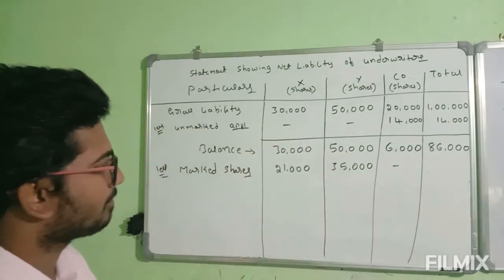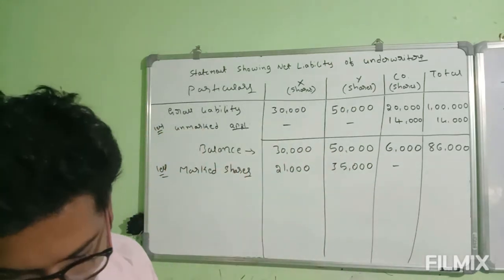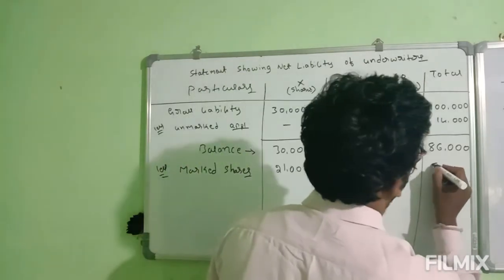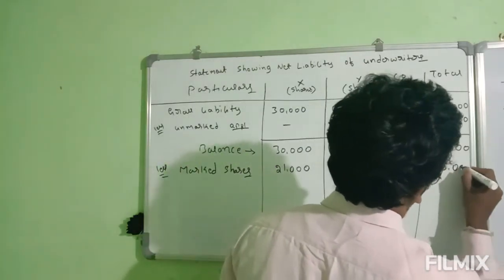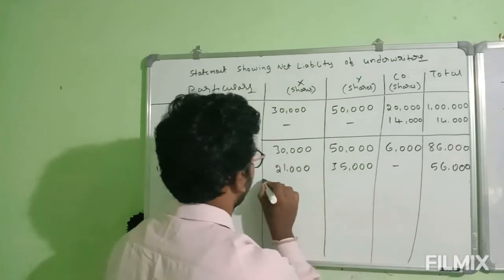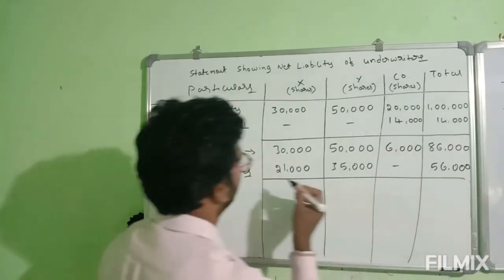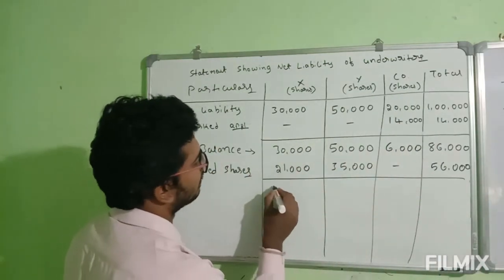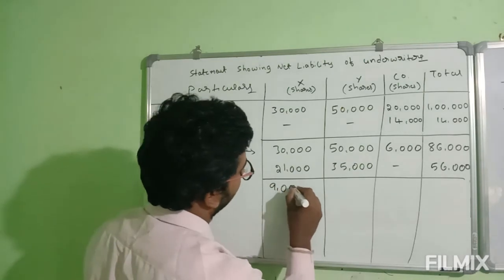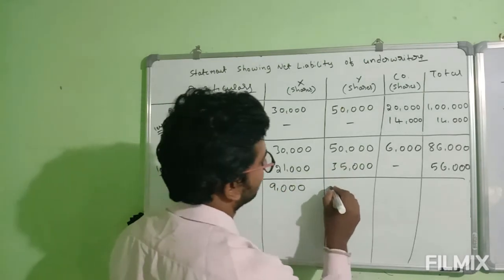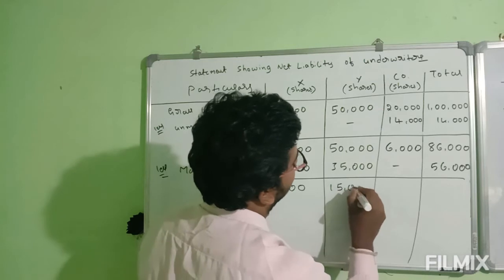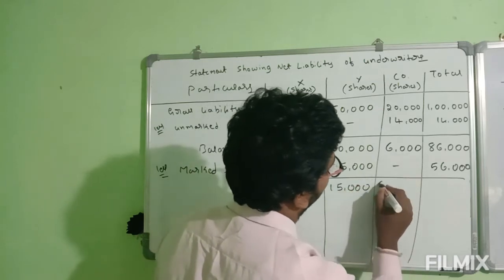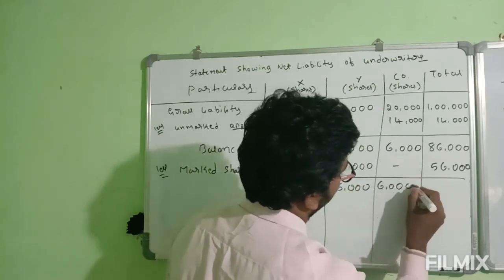Total will be 56,000. So 30,000 minus 21,000 is 9,000, 50,000 minus 35,000 is 15,000, and 6,000 remains as it is because it is nil.